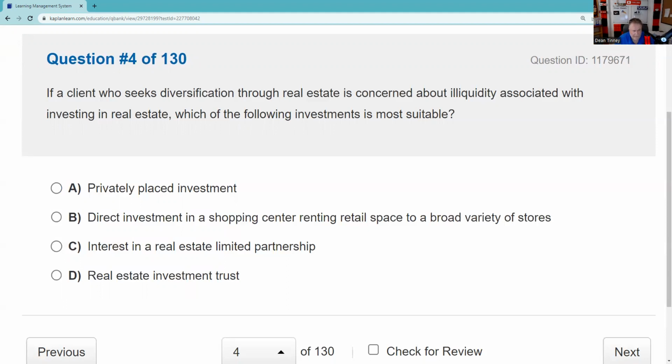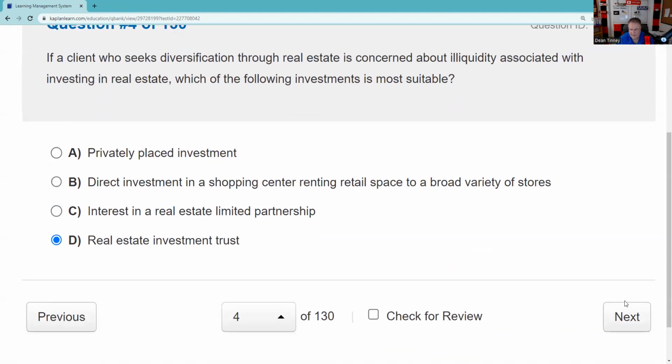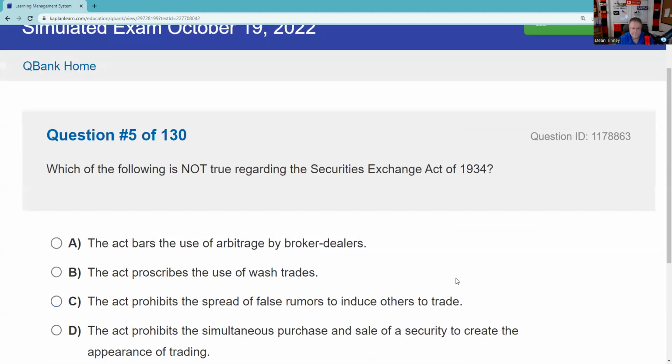And most of them trade, and for test purposes, all of them trade in the secondary market, so it'd be buying and selling like a stock, T+2. And remember, REITs and mutual funds must pass through at least 90% of their net investment income, whereas partnerships pass through both profits and losses. So I'm going to say D, a REIT.